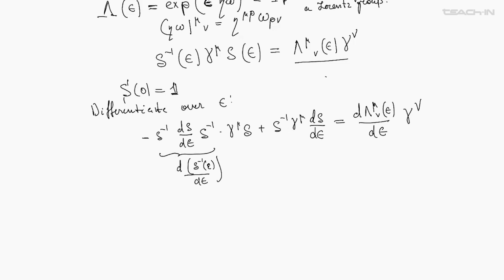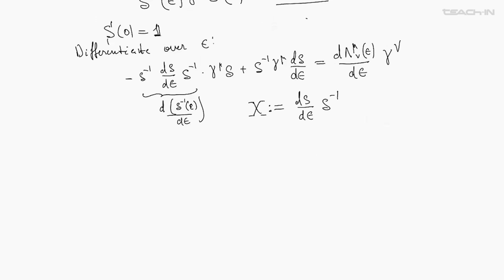Now, this relation can further be written in the following way. If I introduce the auxiliary variable X, which is by definition dS/dε multiplied with S^{-1}, then this equation can take the following form: [γ^μ, X] equals dΛ^μ_ν/dε S γ^ν S^{-1}.